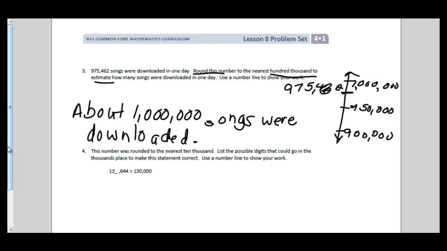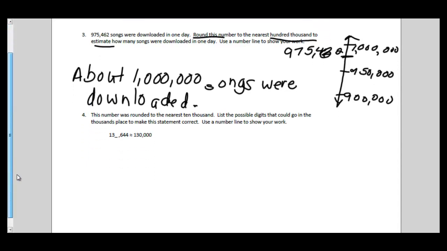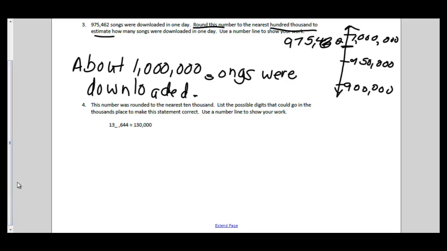Okay, let's take a look at number 4. This number was rounded to the nearest 10,000. List the possible digits that could go in the thousands place to make this statement correct. So it's rounded to the nearest 10,000.